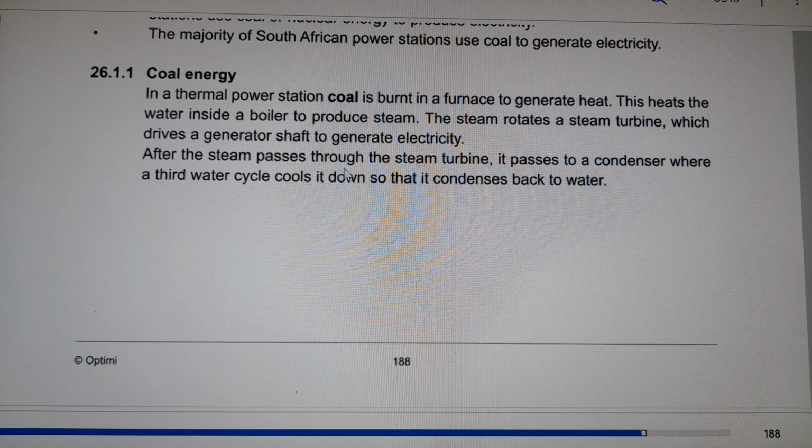After the steam passes through the steam turbine, it passes to a condenser where a cold water cycle cools it down so that it condenses back to water. So the steam is cooled down to form water, and then that water goes back again to start with the process of being heated again. So this paragraph is very important. Please, this is how electricity is generated.